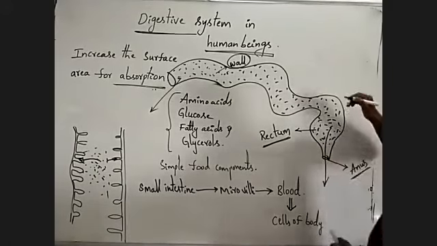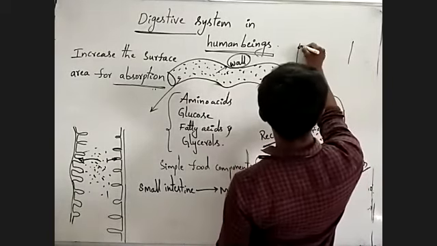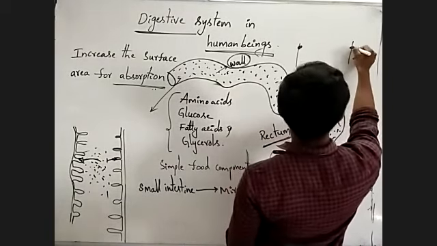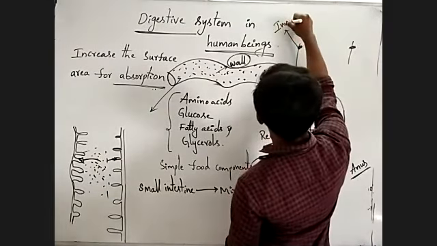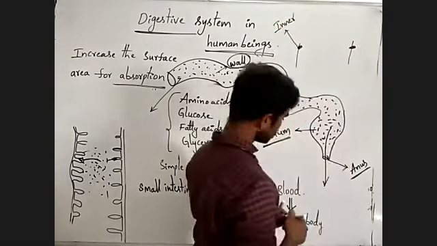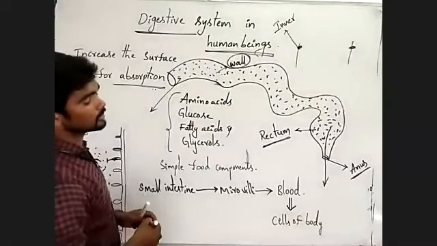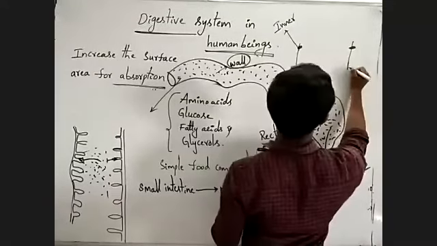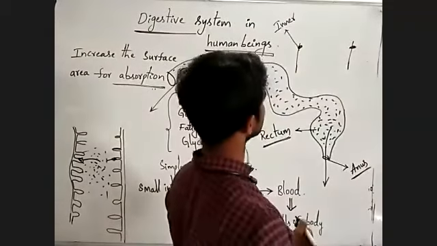At the anus, we can observe two types of sphincters. Observe carefully.